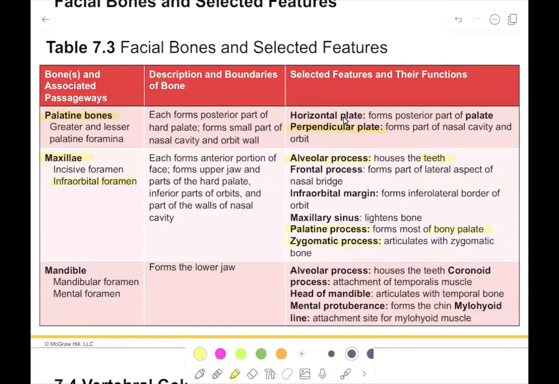For the mandible, you should be able to identify the mandibular foramen and the mental foramen, as well as the alveolar process. Because of the upper teeth and lower teeth, it would make sense that there's alveolar processes on the maxilla as well as on the mandible. Other parts of the mandible to identify would include the head of the mandible.